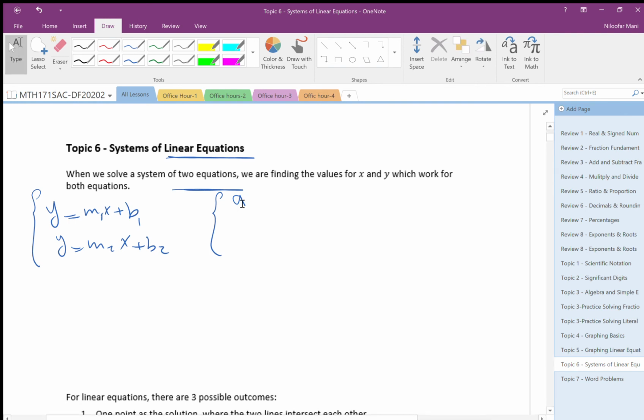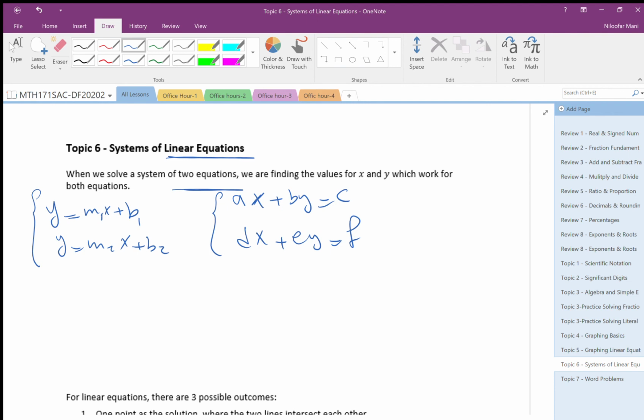So it's ax plus by equals c, and dx plus ey equals f. You have two equations and two unknowns, and you want to find the solution.